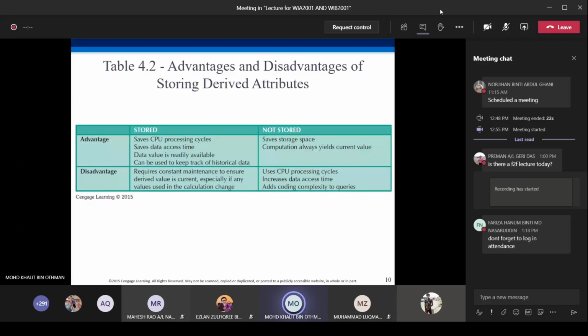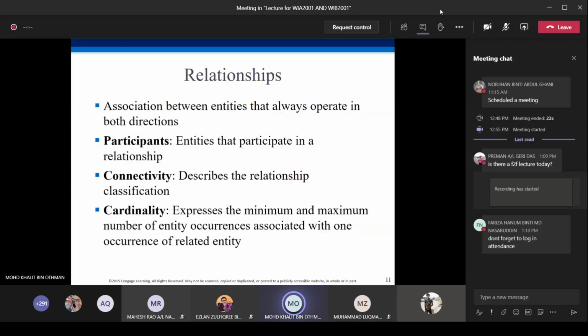We move to relationships in the ER model. A relationship is an association between entities that always operates in both directions. Each relationship is identified by a name that describes the relationship.